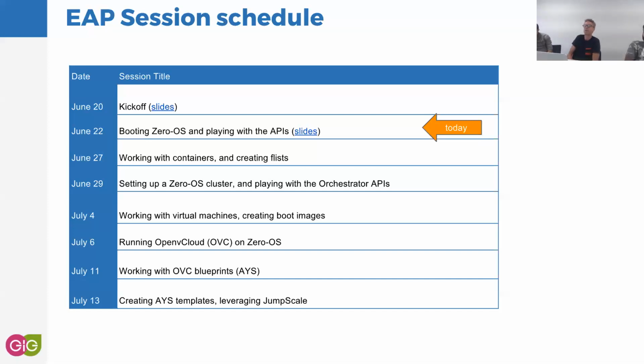which is then the basis, of course, of what we will do in the session of July 6th, which is quite challenging, because there we will for the first time show you a ported version of OpenV Cloud on top of ZeroOS, which is quite interesting, because for those that know OpenV Cloud, they also know that in OpenV Cloud we have concepts like a cloud space or a virtual data center.